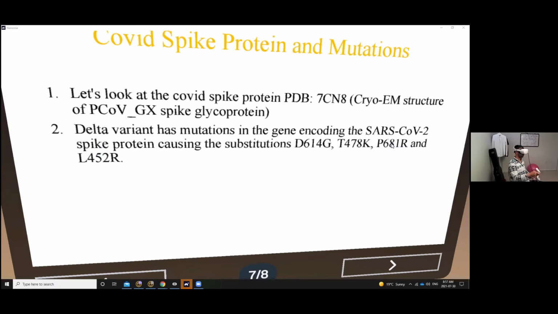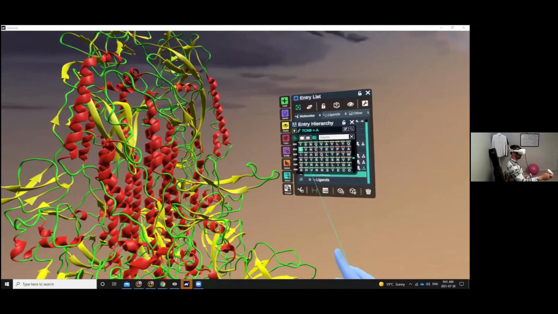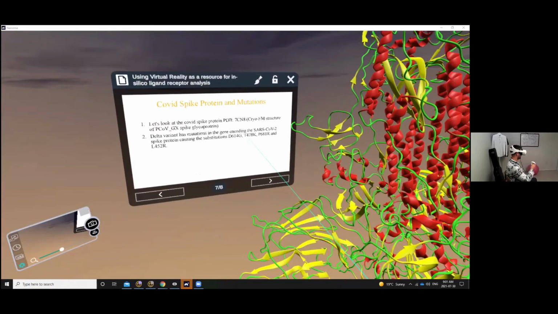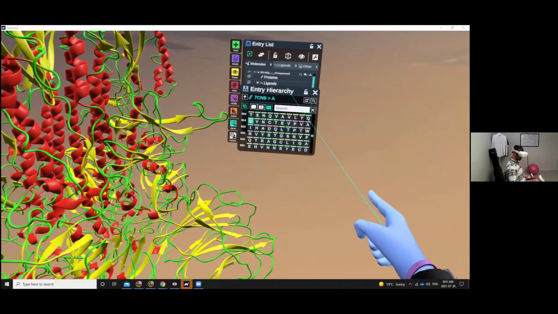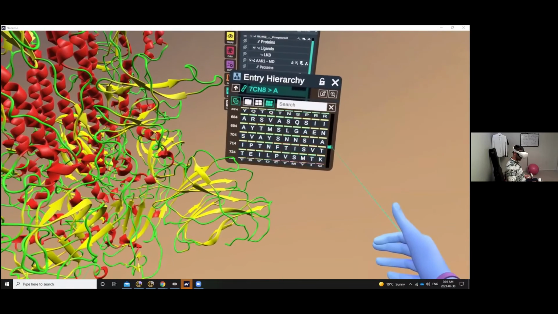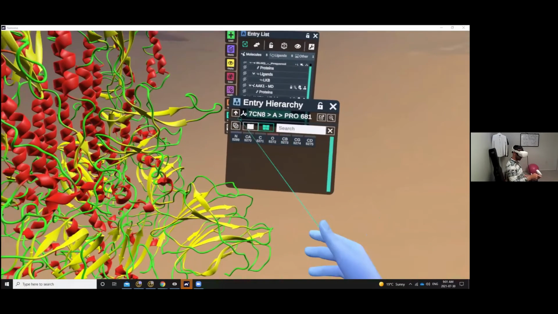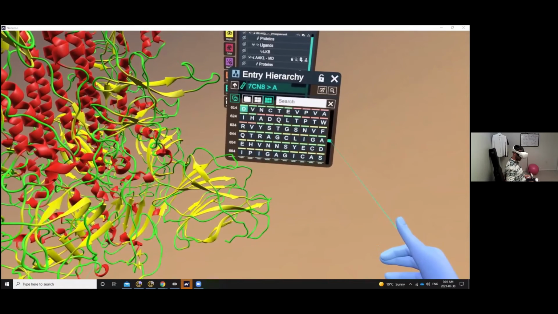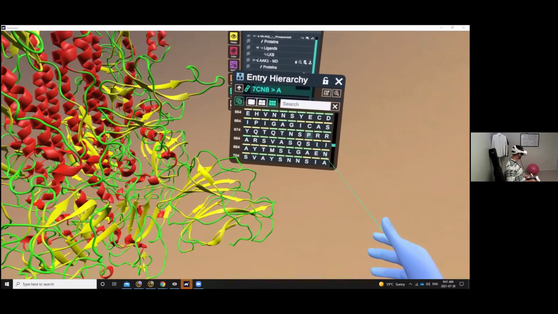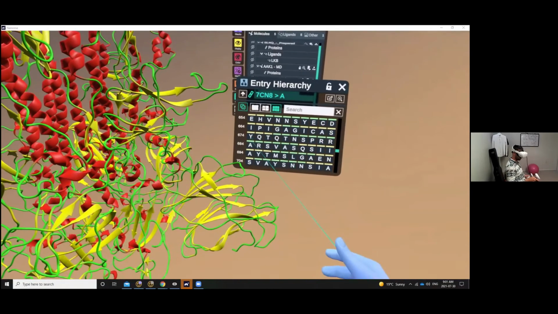Okay, so we can grab our spike protein. These spike protein mutations. So we have 614 highlighted over here. The next one we'll go to is 681. Let's pull this a little closer. 684, 83, 82, 81. Oops. 674, I think it's this one. 84. 74, 75.